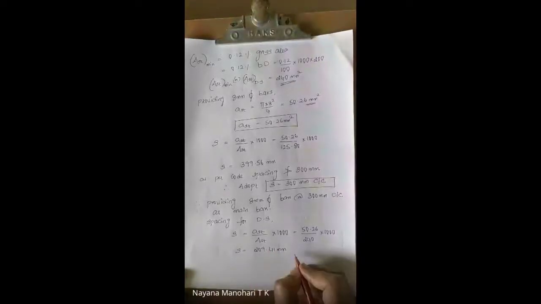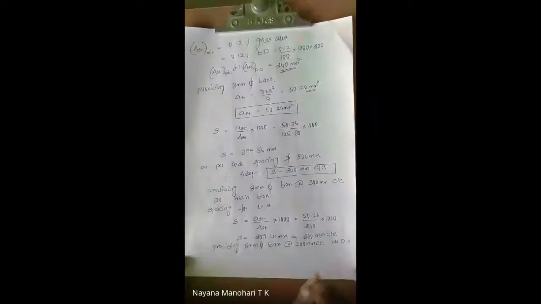Reduce that spacing to 200 mm center to center. Therefore, providing 8 mm dia bars at 200 mm center to center as distribution steel.